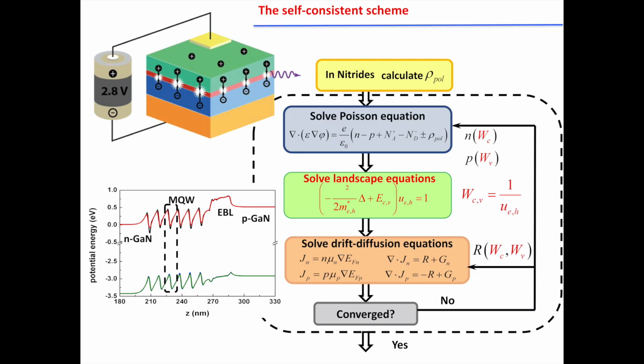We have to solve the potential, so then we know the energy levels of the conduction band and valence band. Then, having the electric fields, we know the potential, we know the composition, we know the equation to solve, the Schrödinger equation or the landscape equation.